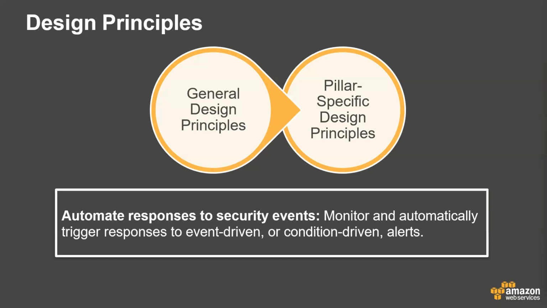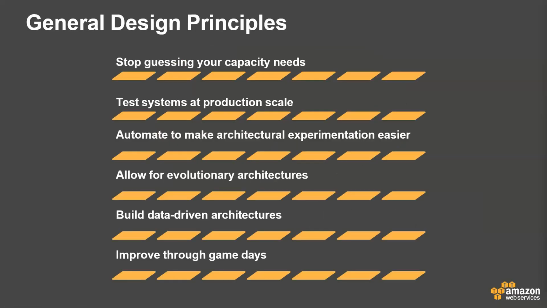So these principles help organizations make informed decisions about architectures and ensure that their workloads align with AWS best practices. The next slide is talking about the general designing principles, which cut across all the 6 pillars.